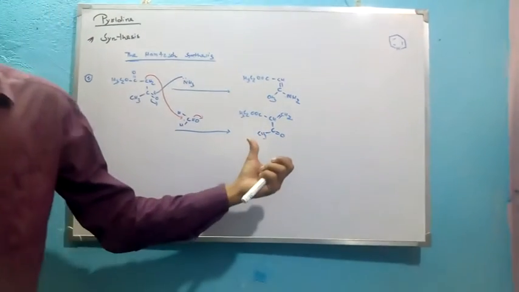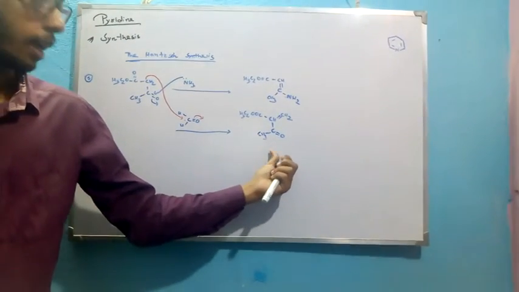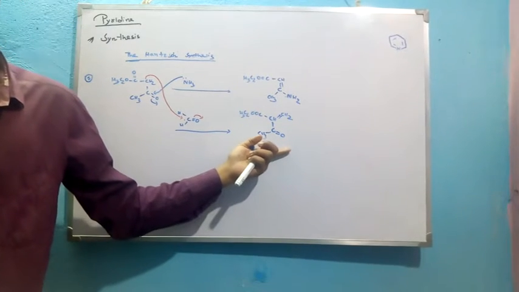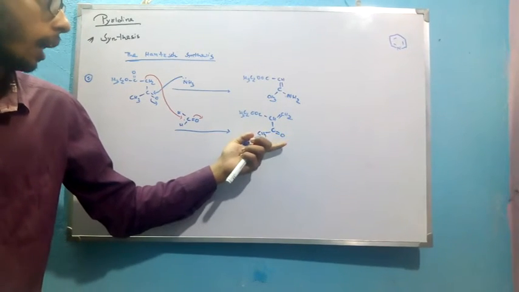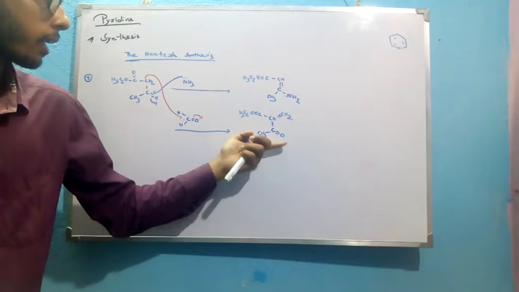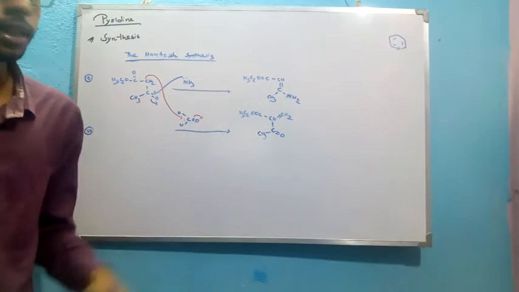So this is the alkylidene derivative, or you can say the alkylidene acetoacetic ester derivative.